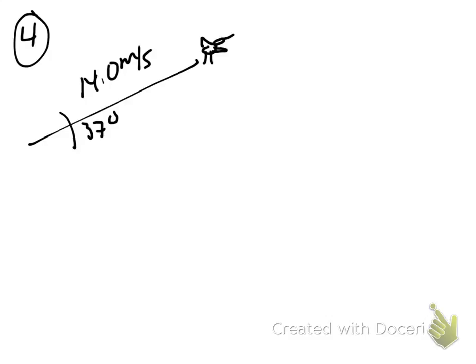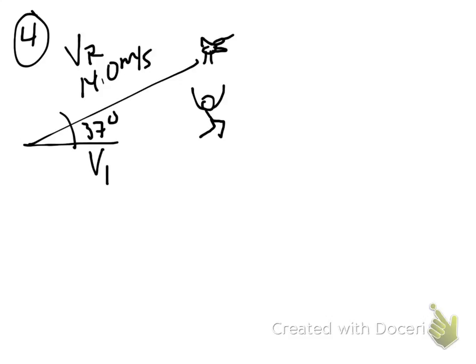Okay, so you've got your pet parakeet escaping, flying away at 14.0 meters per second, 37 above the horizon. How fast do you have to run to stay right underneath her? So what you're looking at, this is her resultant vector, her resultant velocity.